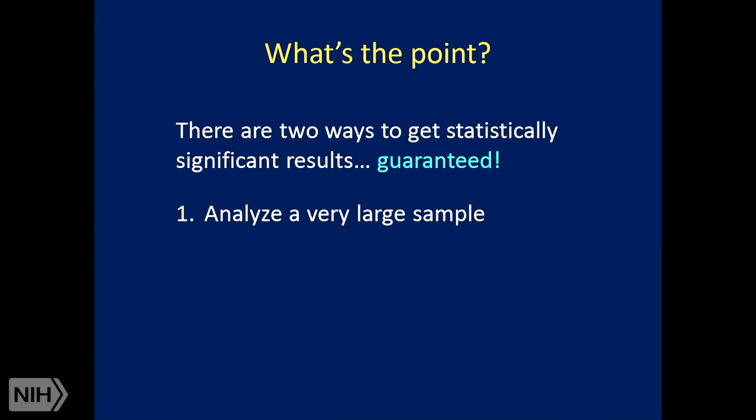But the tiniest difference, you can make it statistically significant if you increase the sample size. But you can't afford that. So that's where we do power analysis. What is the minimum sample size that will make 3 look statistically significant? I'll tell you the second way later.